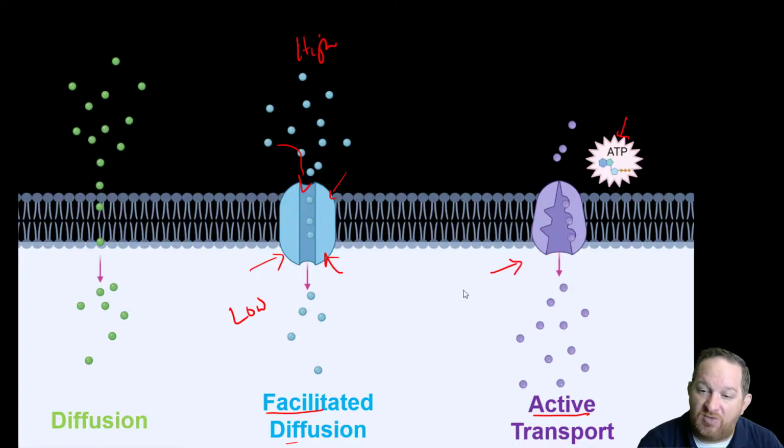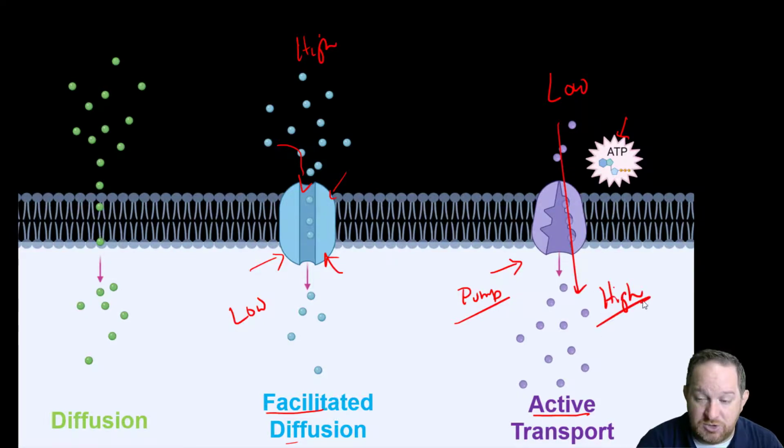And we often call these pumps. In a way, they're pumping molecules across a membrane from a low to a high. So when we go from a low concentration to a high concentration, we're calling this active transport because it will need active use of energy, ATP energy.